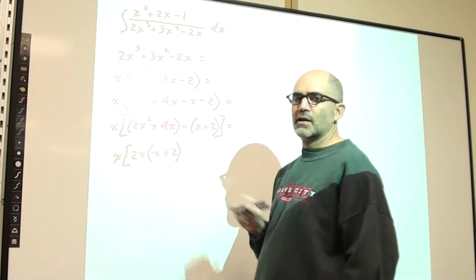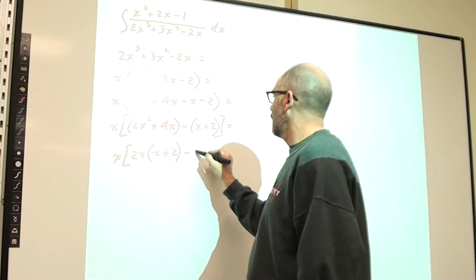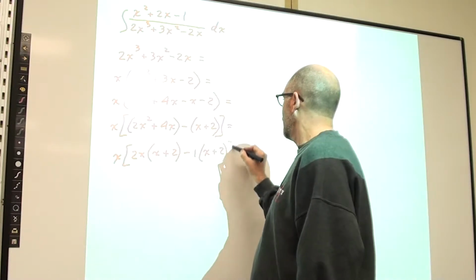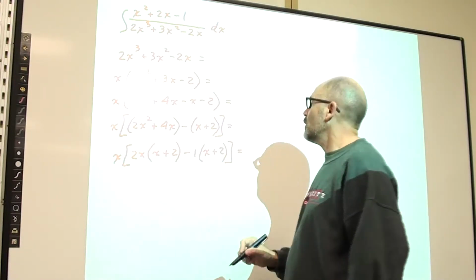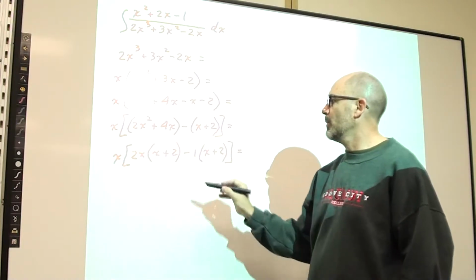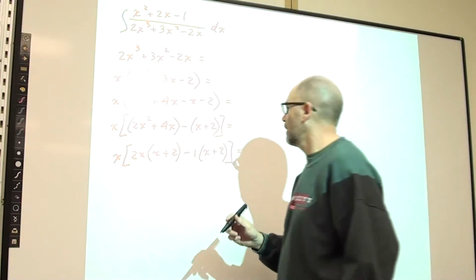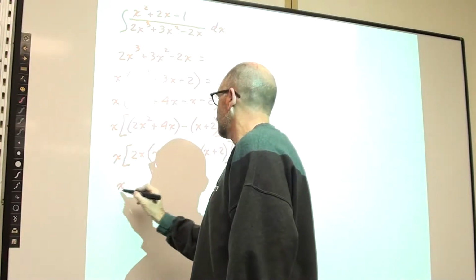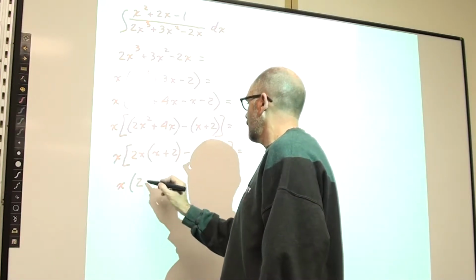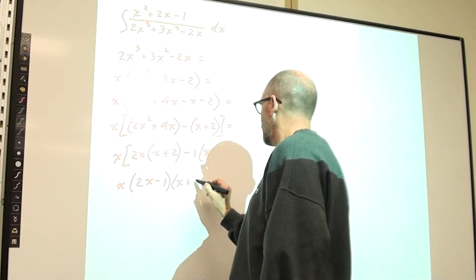And then I take the greatest common factor out of the second group, which is just 1. Now you don't actually have to write the 1 outside of here, but it helps you to remember that this is going to be 2x minus 1 times x plus 2. So the final factored version of the denominator ends up being x times 2x minus 1 times x plus 2.